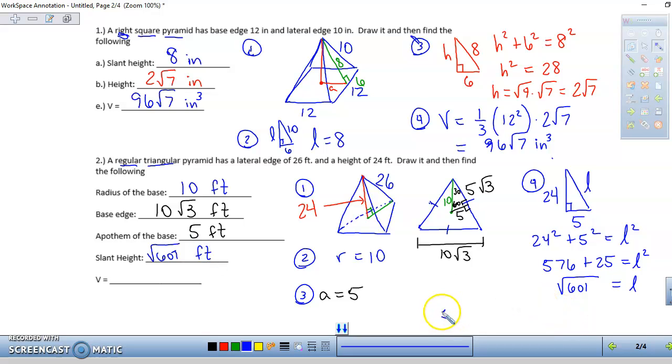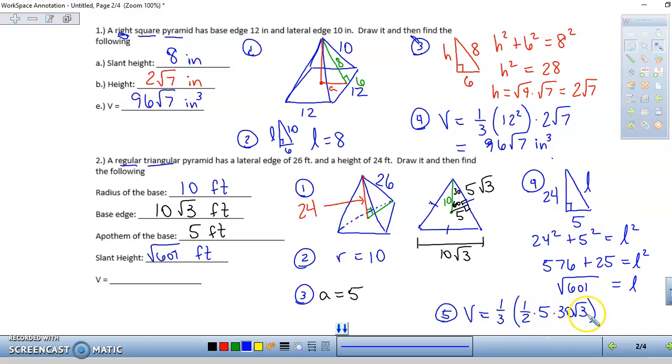Okay, and then lastly, you're going to find the volume. Volume is actually easier than all of this. You do 1/3 base area. So you can do that several ways. 1/2 apothem times perimeter, or 1/2 base times height. I'll do apothem and perimeter. So 1/2 apothem is 5. Perimeter is going to be 30√3.